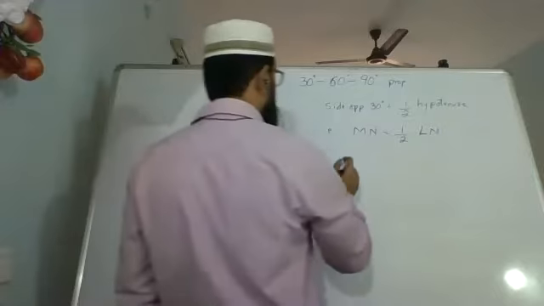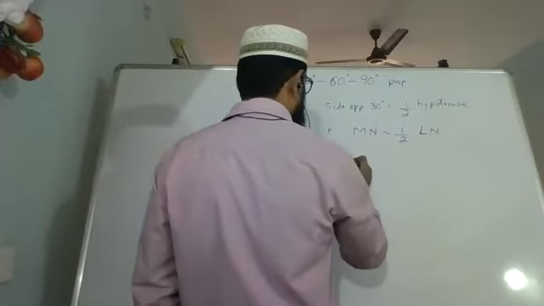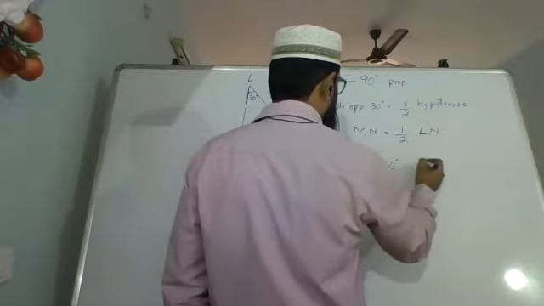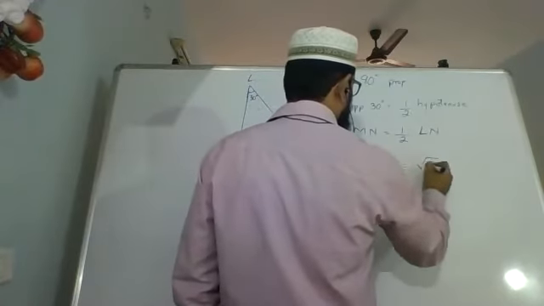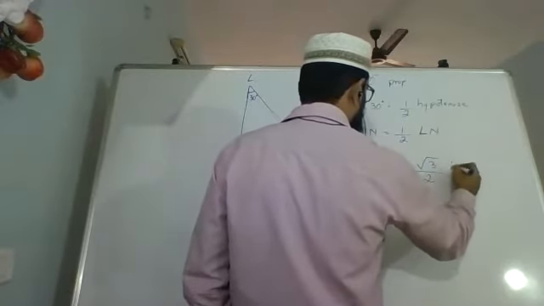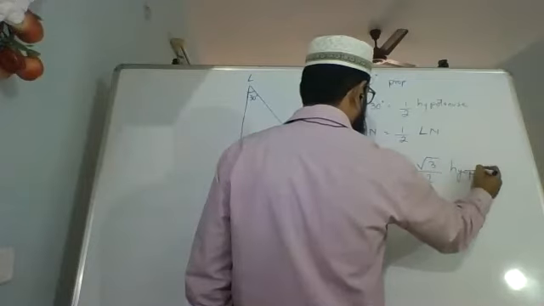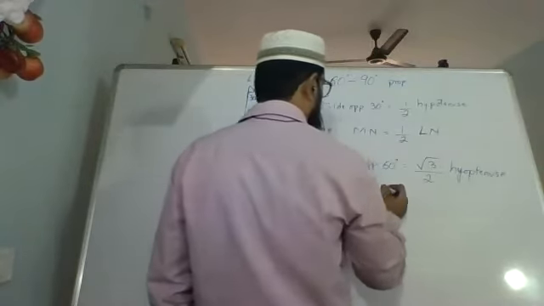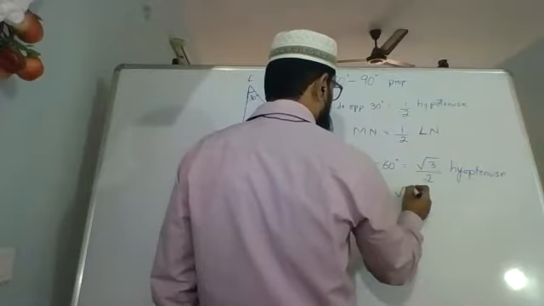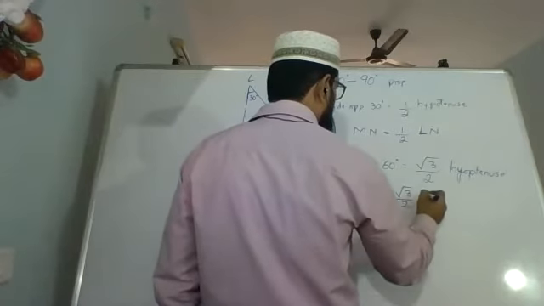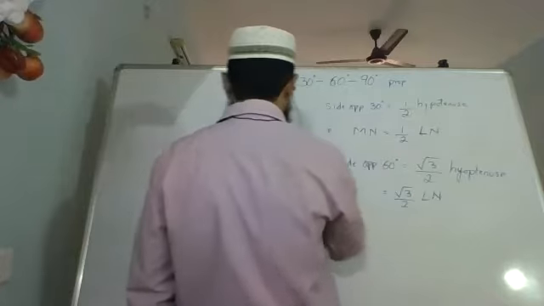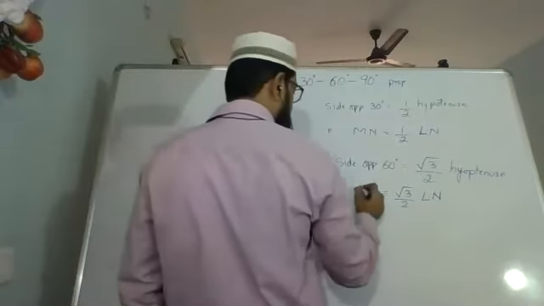What about the side opposite to 60 degrees? The side opposite to 60 degrees is root 3 upon 2 times the hypotenuse, which is root 3 upon 2 into LN. And what is the side opposite to 60 degrees? That is LM.